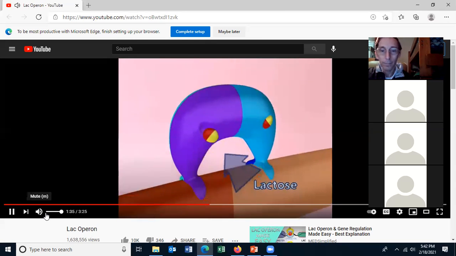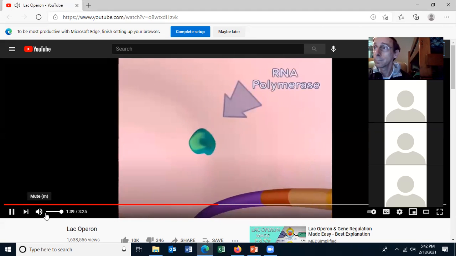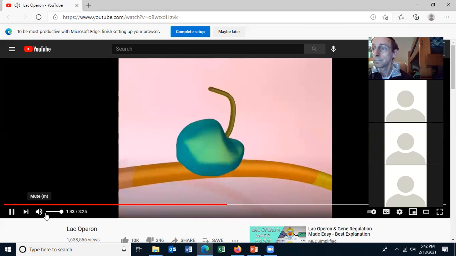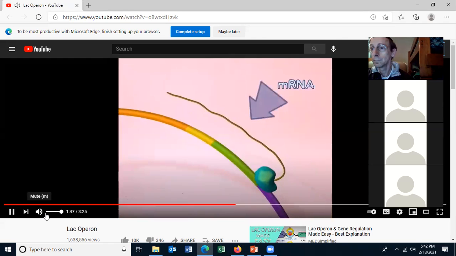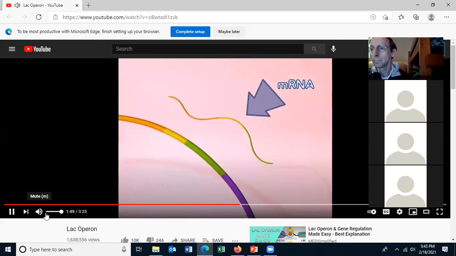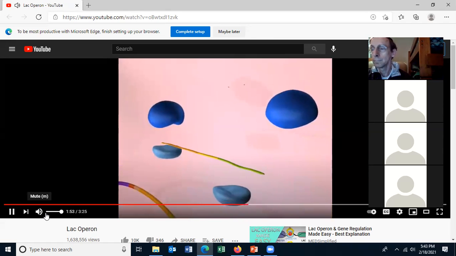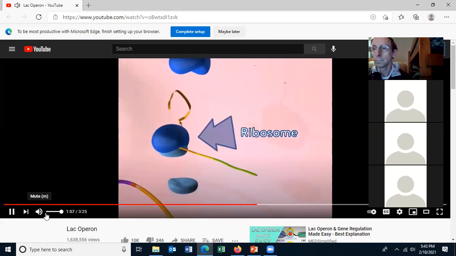And binds to the repressor molecule. This binding releases the repressor from the controlling region. At this point, RNA polymerase can begin transcription of the operon. Here we show 2 of the 3 lac operon genes being transcribed into mRNA. Ribosomes then bind to the mRNA, and the 2 proteins are translated.